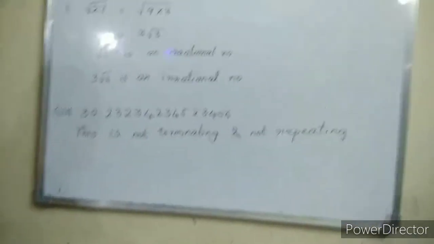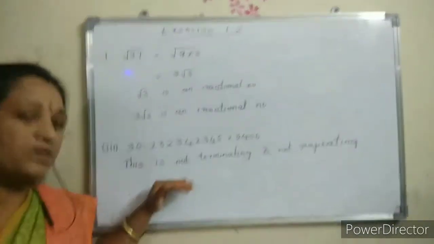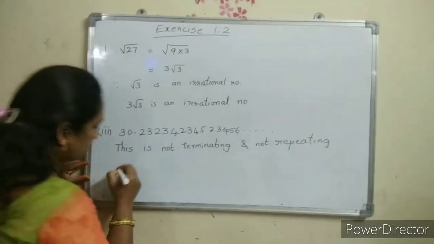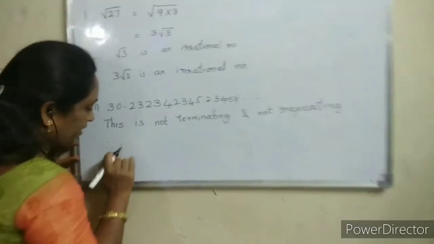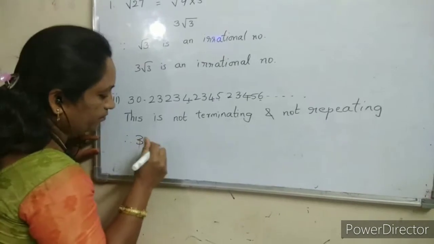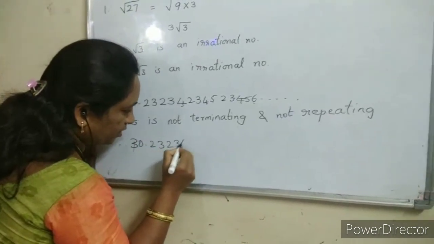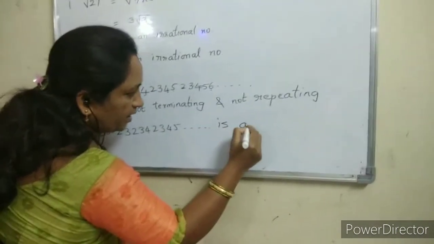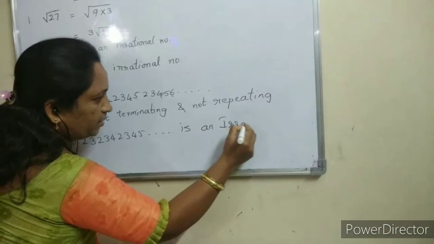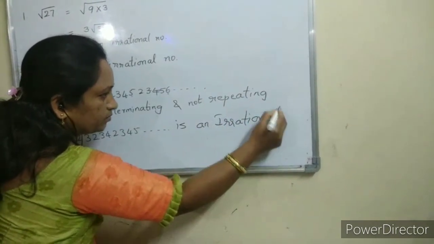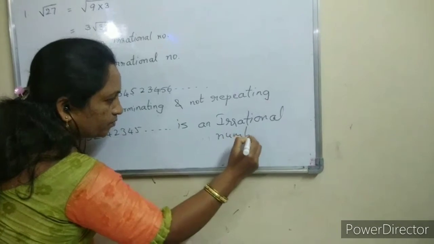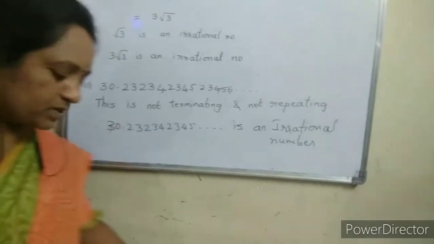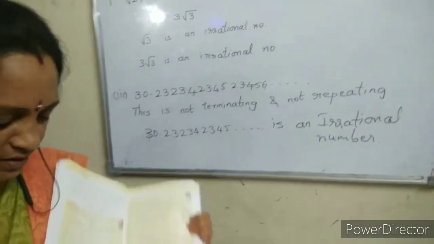In yesterday's class, what we have learned is that numbers which are non-terminating and non-repeating are called irrational numbers. Therefore, the given number 0.2323423 4 5 like that is an irrational number. Now I'll give the oral explanation for the remaining questions, children.